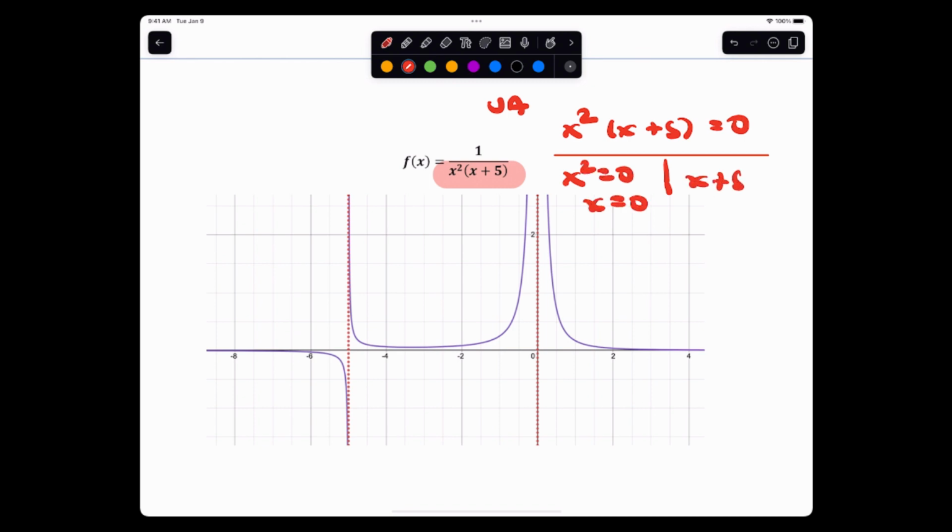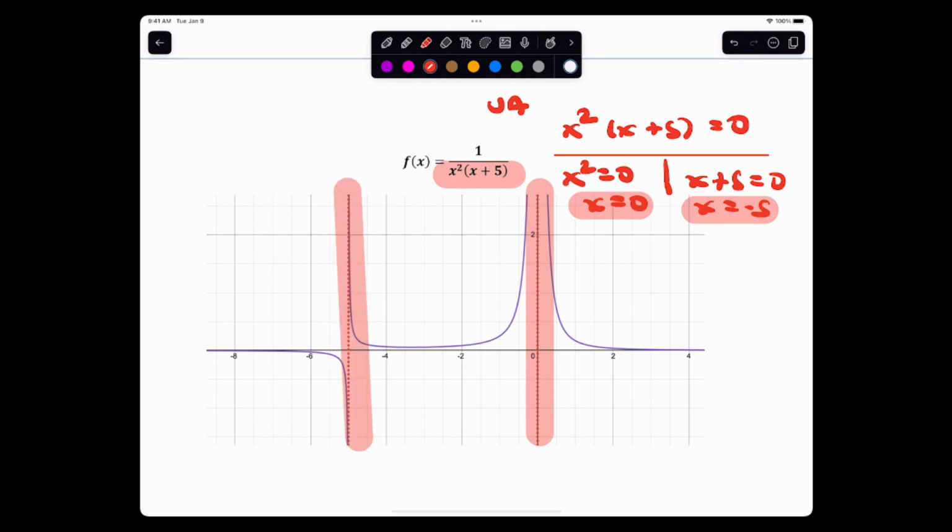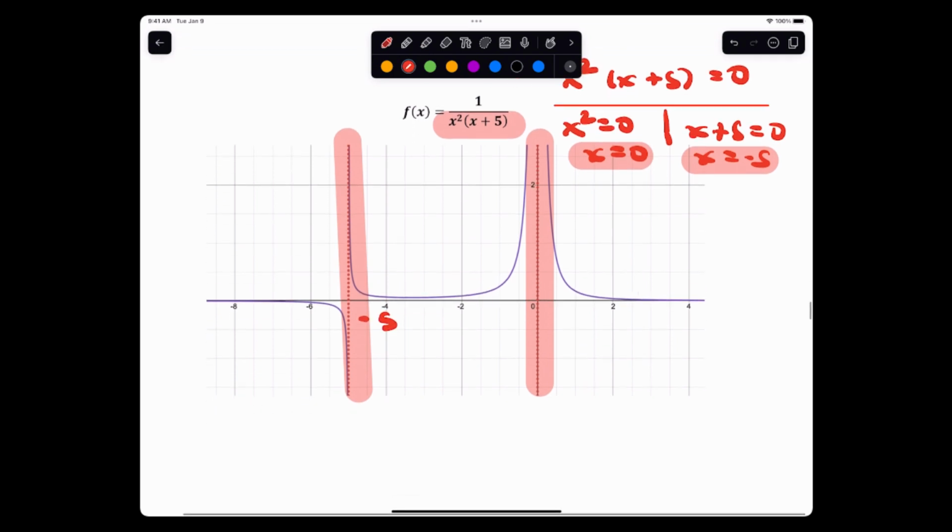What about x plus 5? X is negative 5. Okay. So at x is 0, and x is what? Negative 5. We have vertical what? Asymptotes. So the function's not continuous at those points.